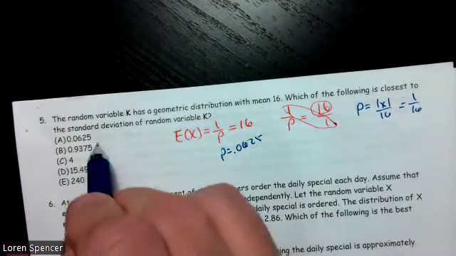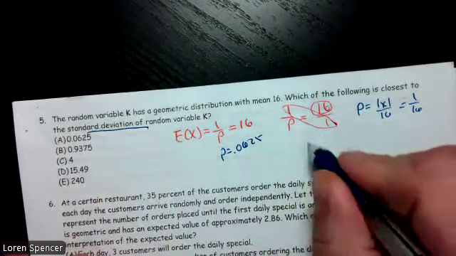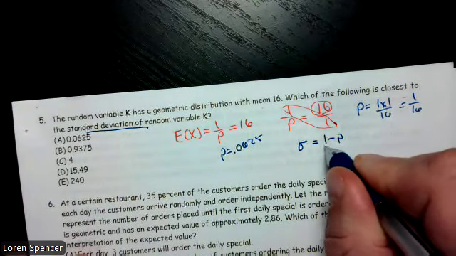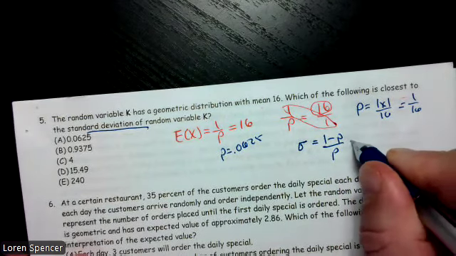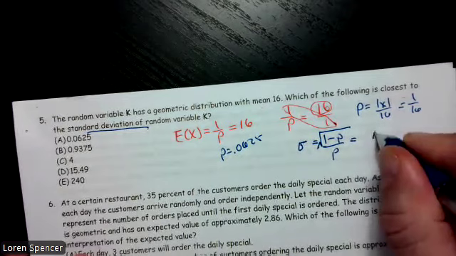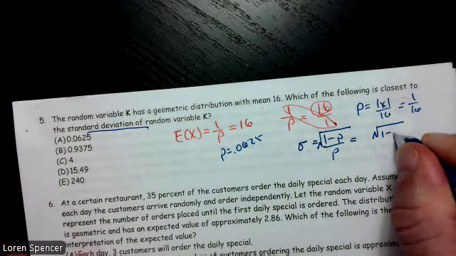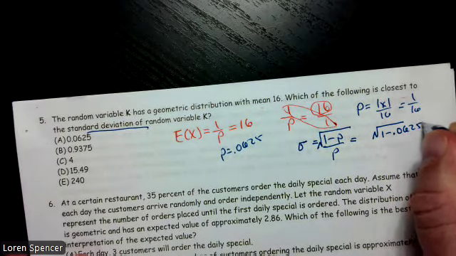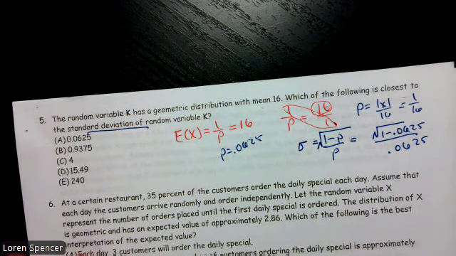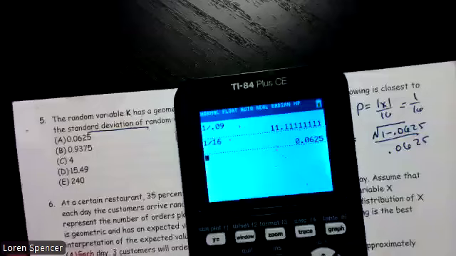But they asked for the standard deviation. The standard deviation of the geometric is the square root of 1 minus p over p. So in this case, the square root of 1 minus 0.0625 over 0.0625. Let's see what happens when we try that out.